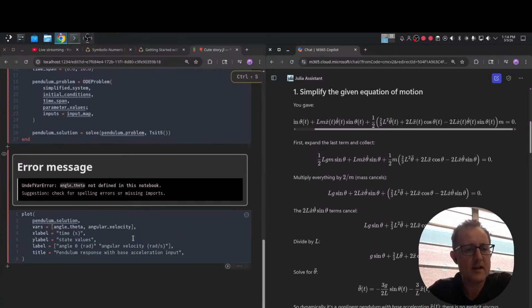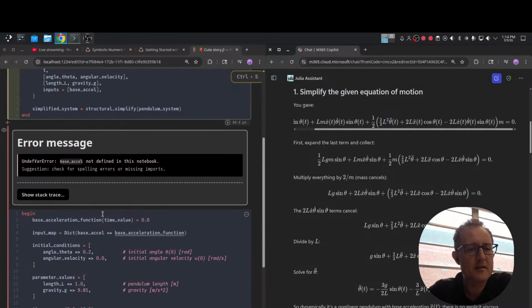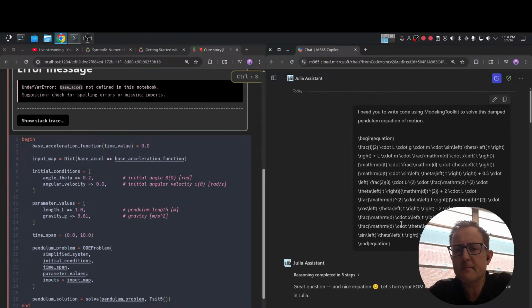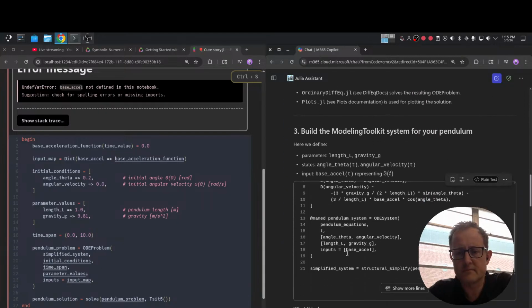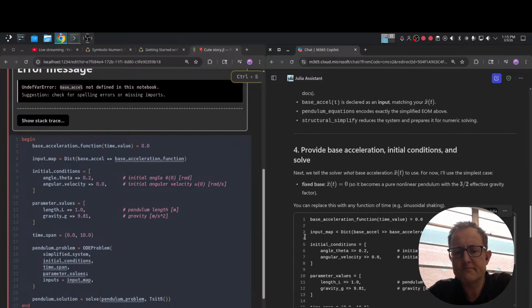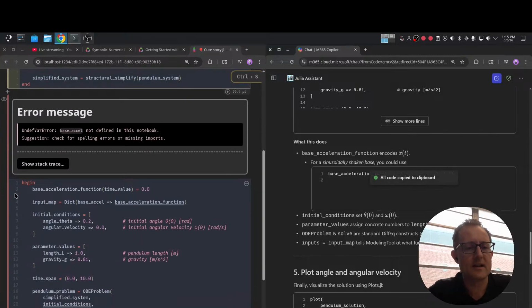What? Angle theta not defined, but it is defined. Base acceleration. Oh, I see.